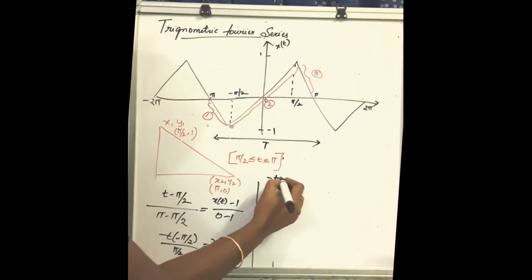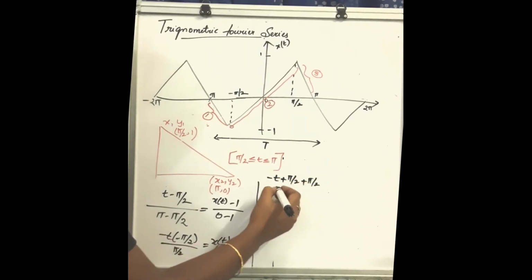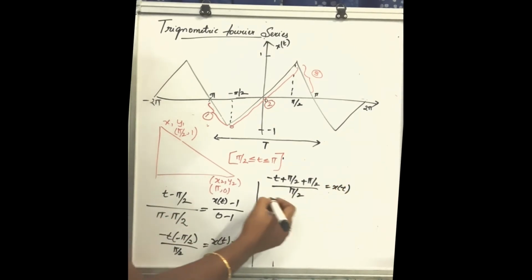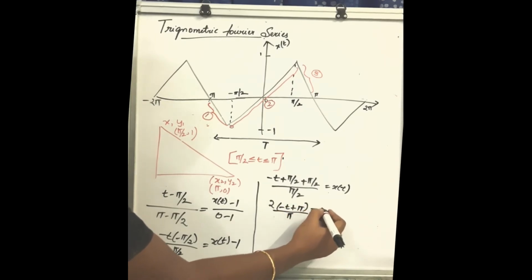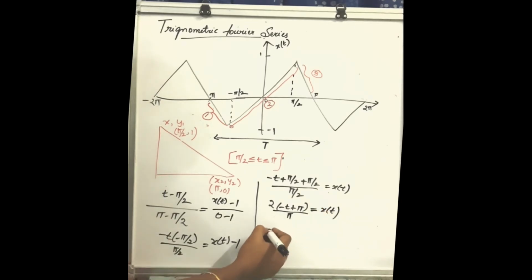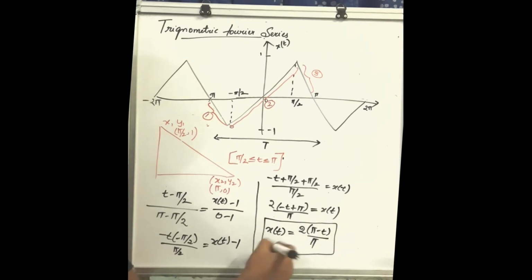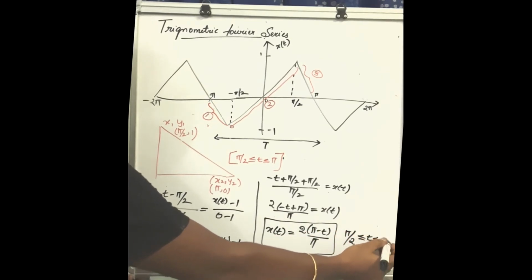Further simplifying, it becomes (minus t pi by 2 plus pi by 2) by pi by 2 equal to x of t. Furthermore, it becomes 2 into (minus t plus pi) by pi. And when you further simplify, the last will be 2 into (pi minus t) by pi. This is for the interval pi by 2 to pi.